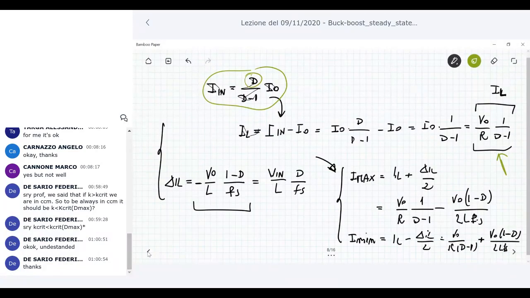IL average value is V naught over R divided by d minus 1. This is the average value of the inductor.